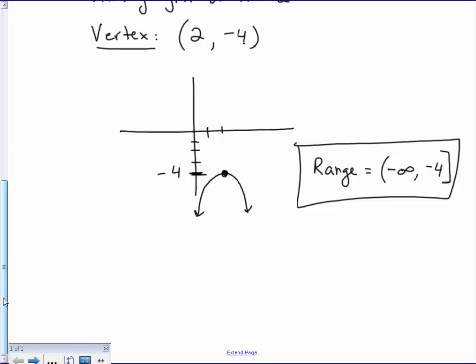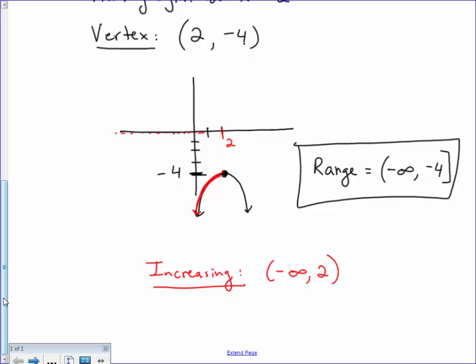Okay, talking about increasing and decreasing behavior, that has to do with x values. We notice that on this side our function's increasing. In other words, it's going upward. So our function is increasing on the interval, started on the x-axis, negative infinity, all the way until you get to 2.